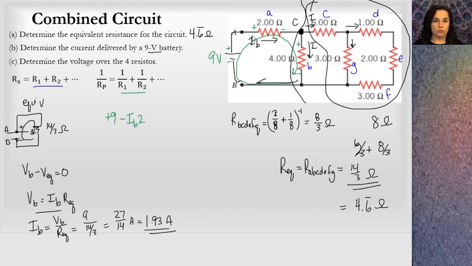So if I do this green loop here, I'm going to get plus 9 volts minus I from the battery times 2, right? This 2 ohm resistor is getting I from the battery. And then this 4 ohm resistor is getting some other current, right? At point C, it splits up, so it's getting some less current, and I'm just going to call it minus I times 4. And those are the only 3 elements in here.